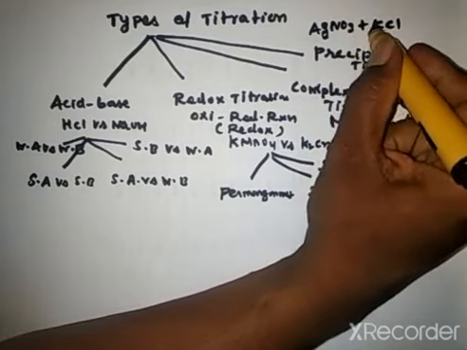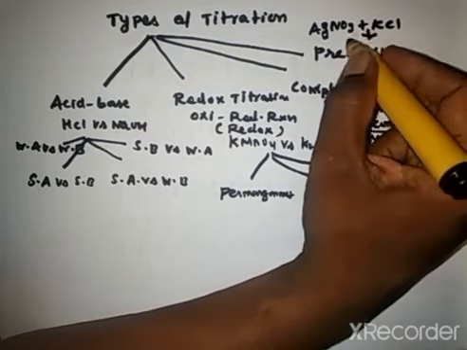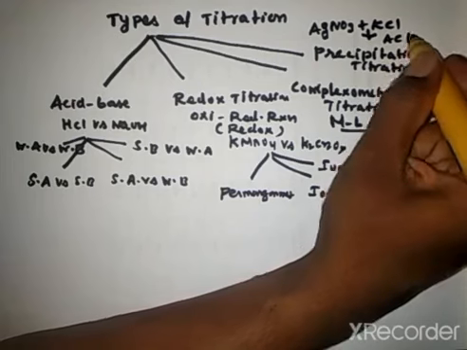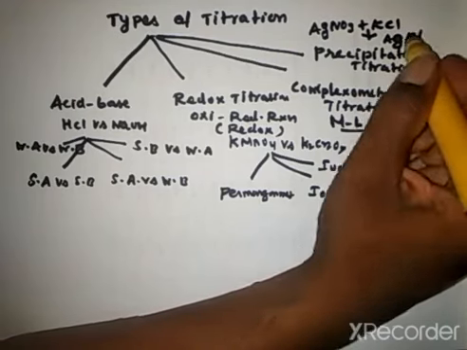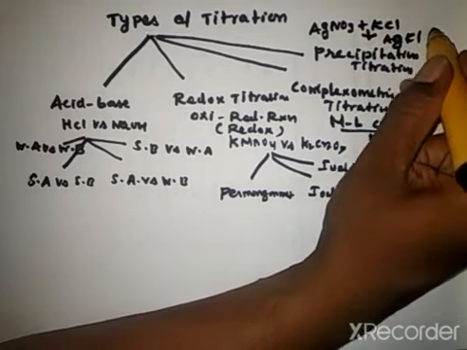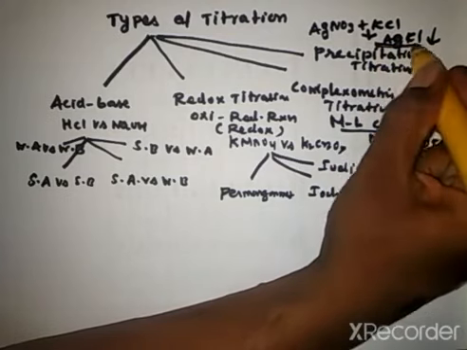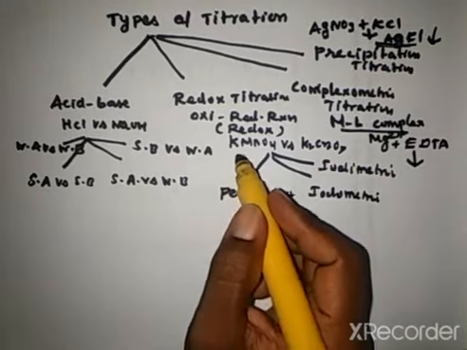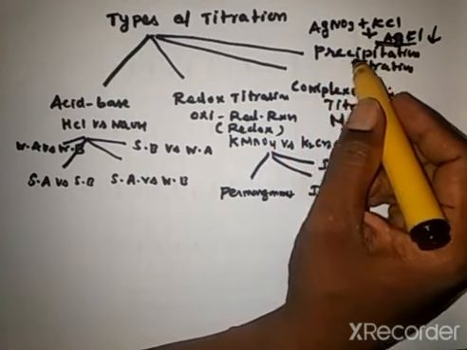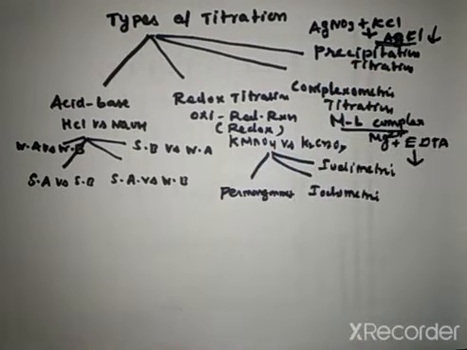Here, these two react and form AgCl precipitate. So this is precipitate. During the titration, there is a formation of the precipitate, so this type of titration is called precipitation titration.